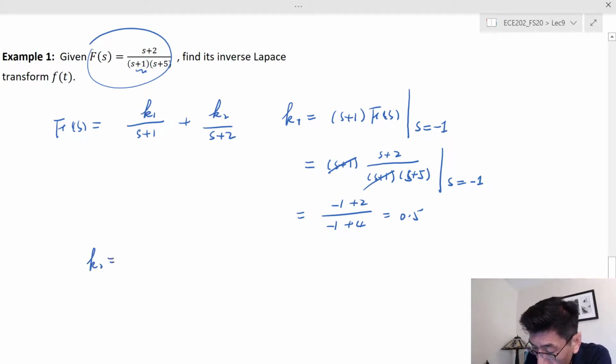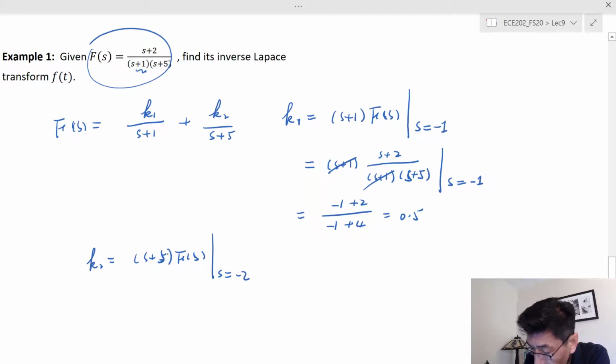K2 is s plus 2 times F(s), evaluated at s equal -2, -5. I'm sorry, I made a typo here, and this should be -5.